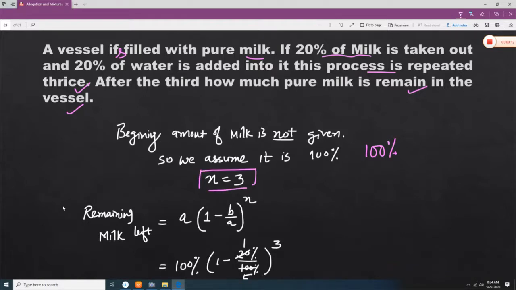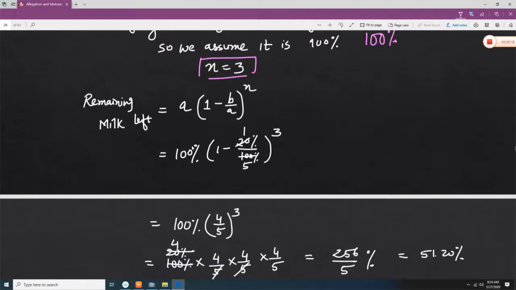So the remaining milk left is equal to A (1 minus B over A) raised to n. Now the beginning amount of milk is 100%, 1 minus, you are going to take out 20% of it, so 20 over 100, and you are going to do this 3 times, so raised to 3.